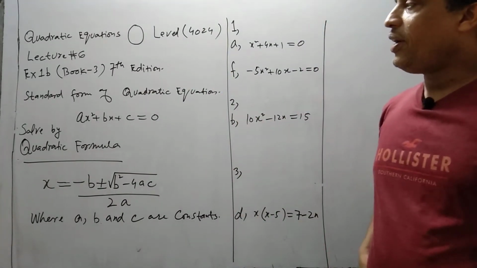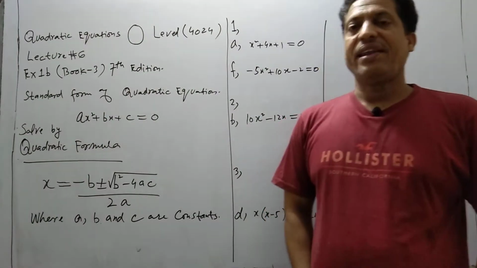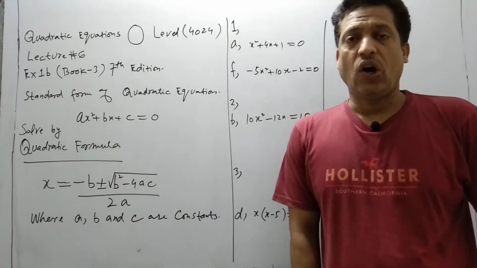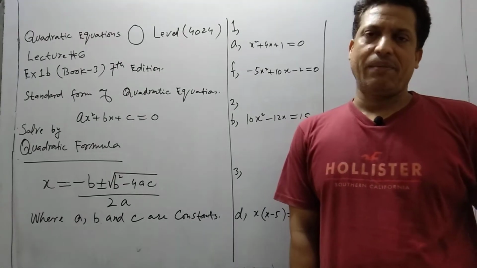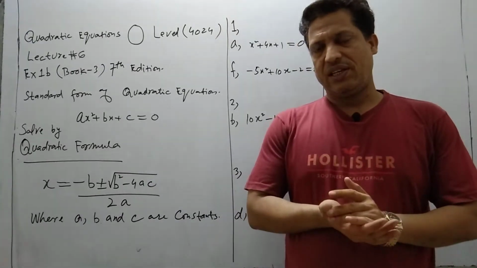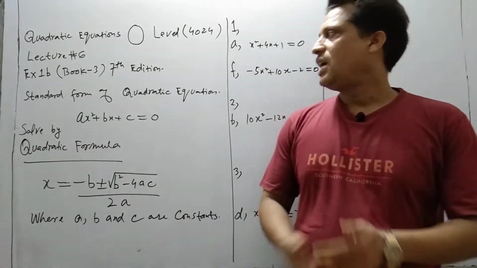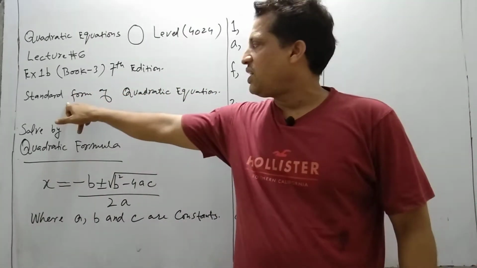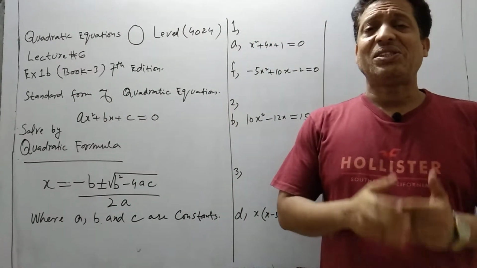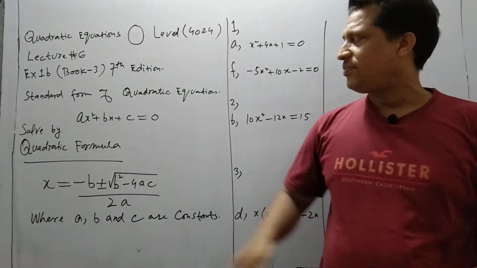Now what I told you in last class, whenever we apply completing square method or middle term break method, our quadratic equation is always in the standard form of quadratic equation. What is standard form of quadratic equation?